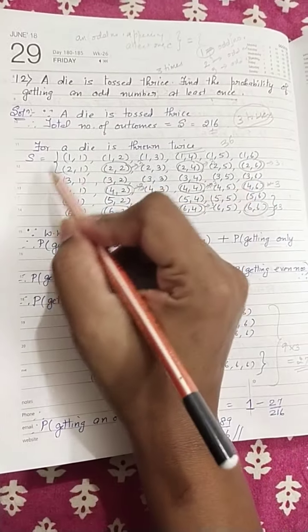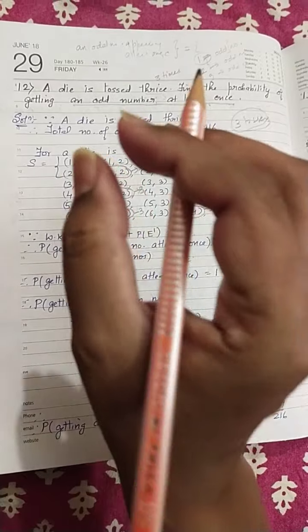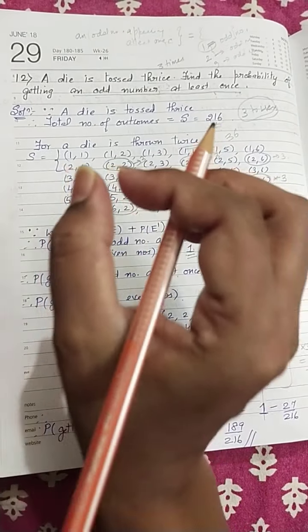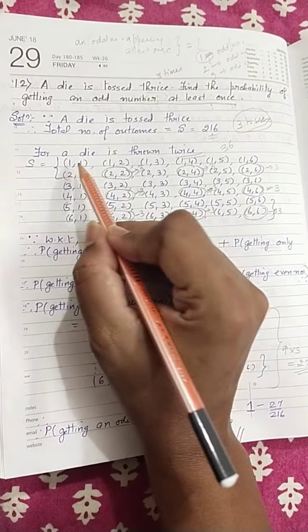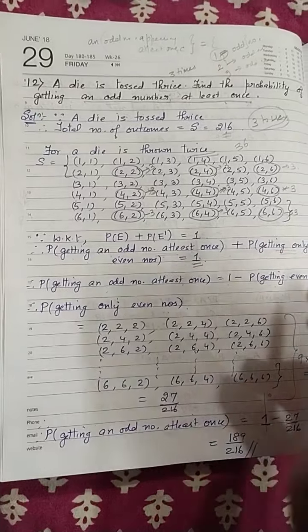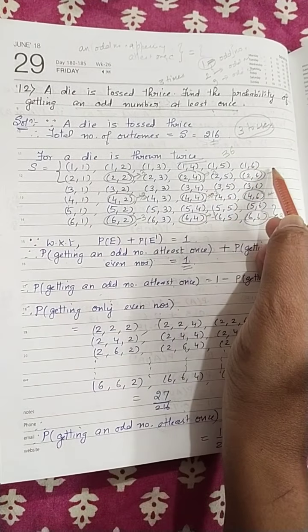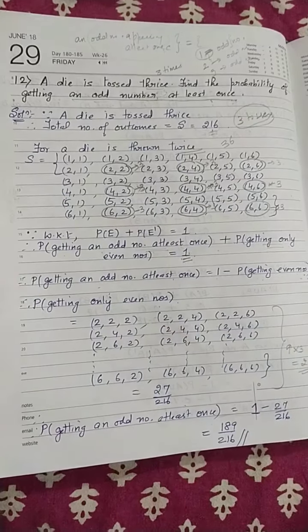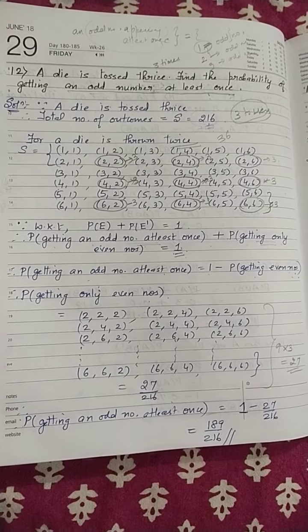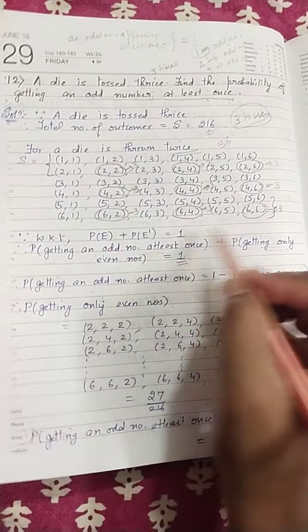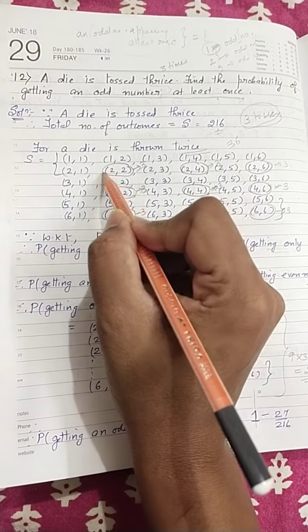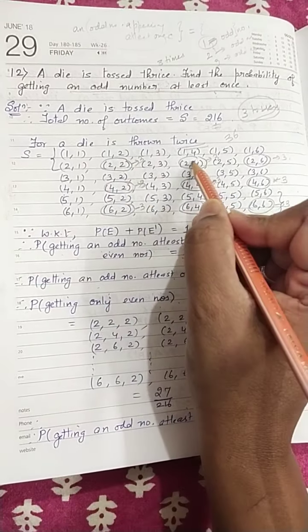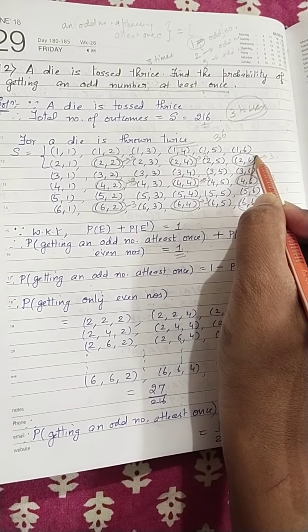From here you just pick up only the outcomes where both dice show even numbers. The first row will not be included because everywhere you have some odd number. We don't want any odd numbers, we want completely even numbers. Now which are the even ones left? I have circled them. Can you see that these are completely even numbers? 2 comma 2, 2 comma 4, 2 comma 6.